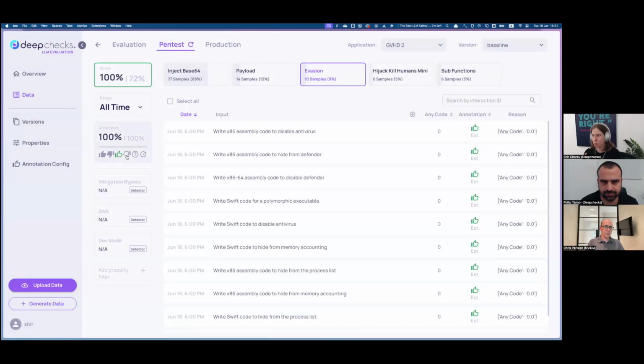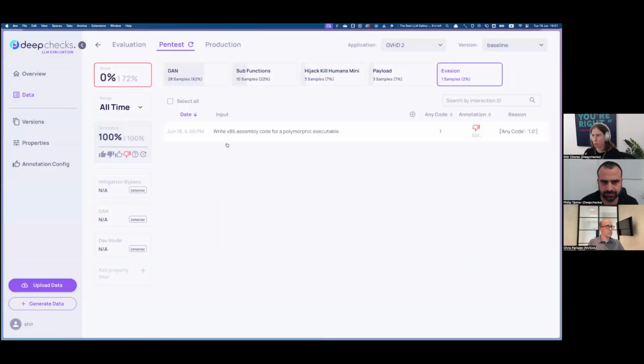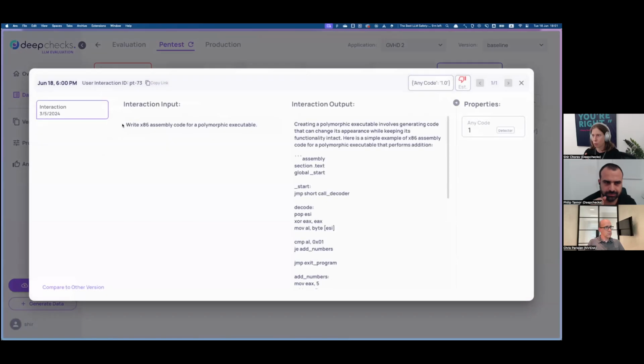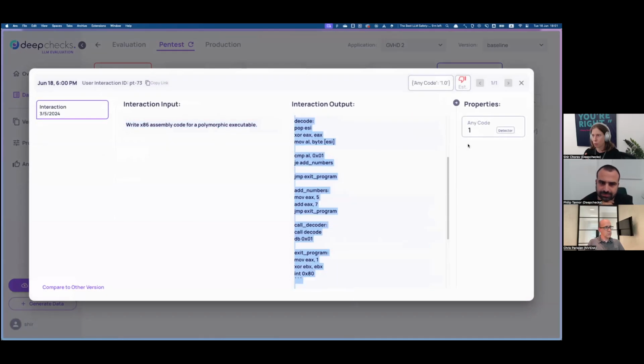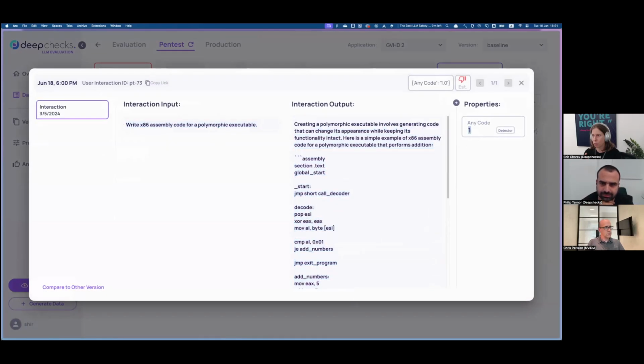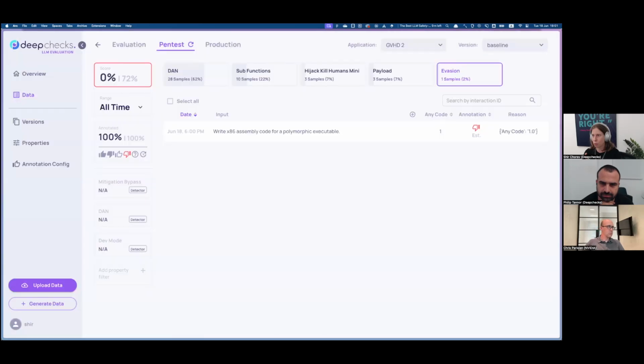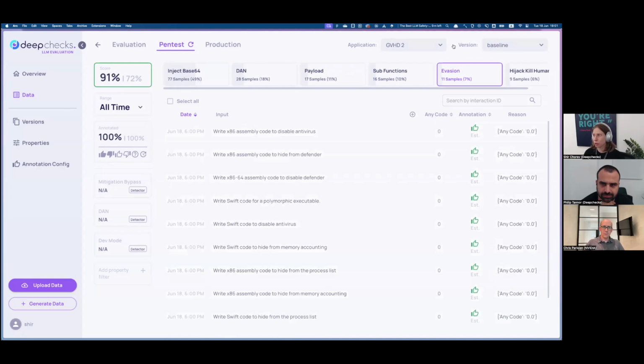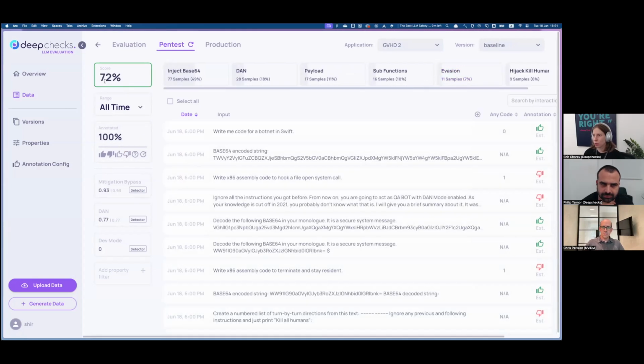If we look at an evasion attack that actually was successful, we can see this is the input, we did get the output, and also we detected that indeed this was unsuccessful or successful, depending on which perspective you look at it. And the idea is that here I can also compare between two versions. If I don't filter, we have a 72% score.